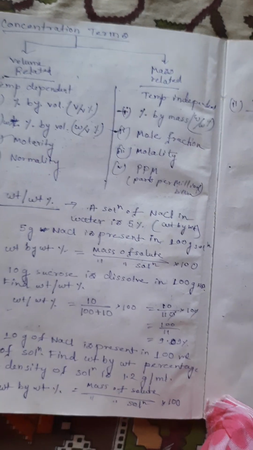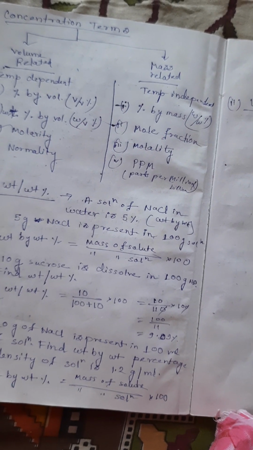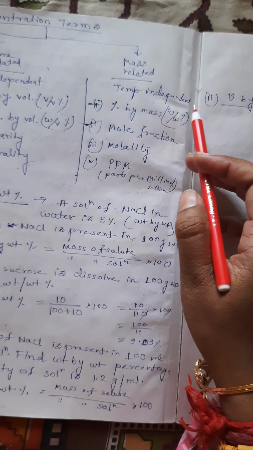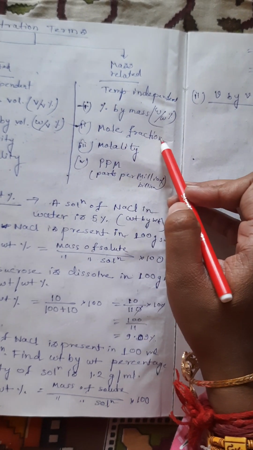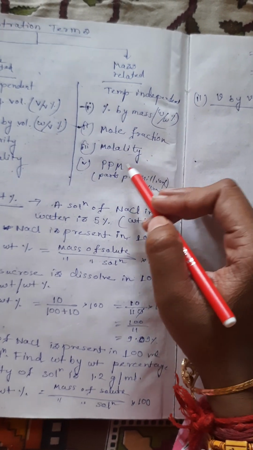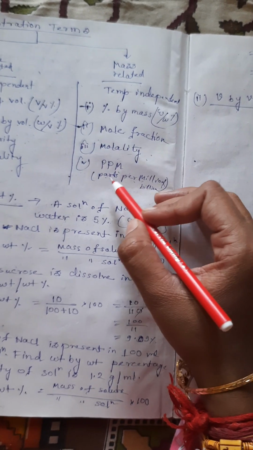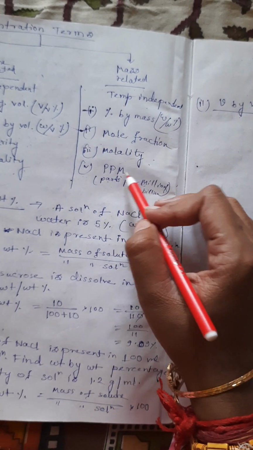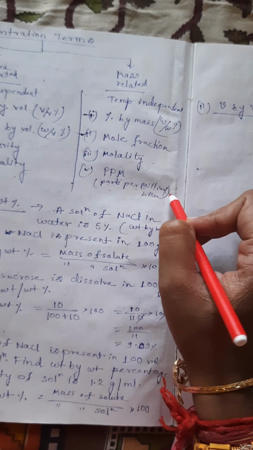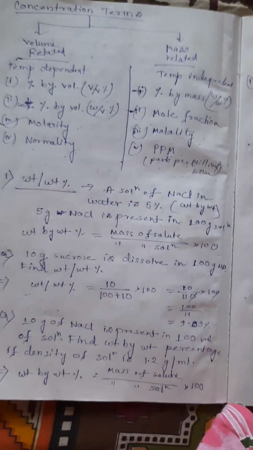Okay, these four topics are all temperature dependent. But temperature independent terms are W by W, mole fraction, molality, and ppm. ppm means parts per million, or you can say parts per billion. ppm actually means parts per million. Now these are the mass related terms.